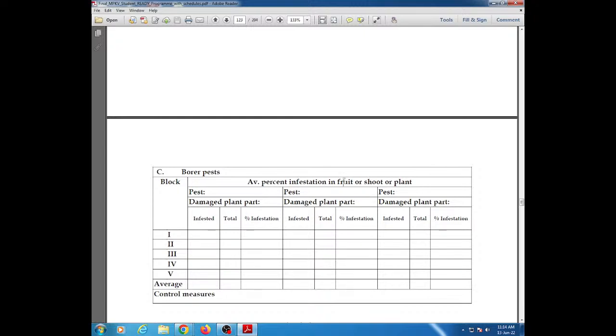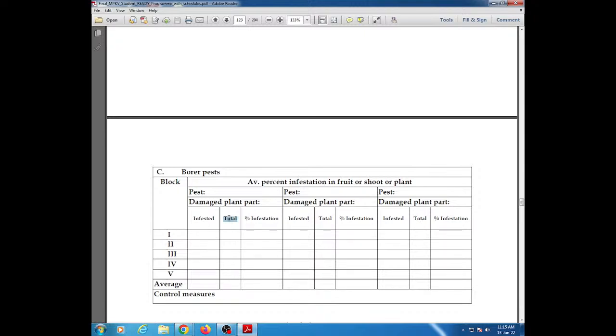First of all we are taking up the fruits, so the infested fruits you will write from the first block, out of the plants which you have taken. If you say 5 plants are taken for consideration, then you will have the average, and you will count the number of fruits directly, and write here how many fruits are damaged or infested.